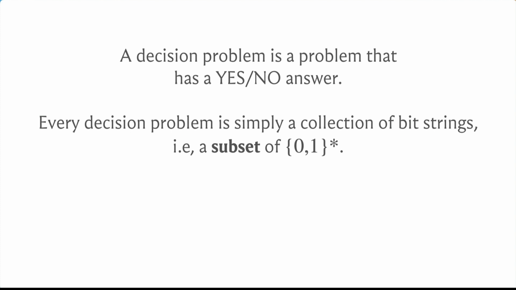For example, if you want to know if a graph has an independent set of size at least k, an answer to a question like that will help you solve the natural optimization variant of independent set, where you're trying to simply maximize the size of the independent set that you can find in a given graph.